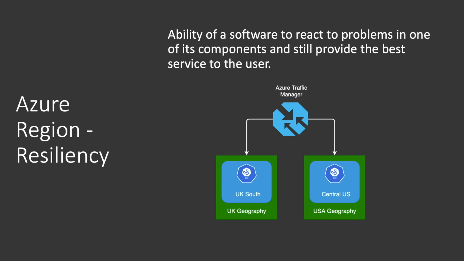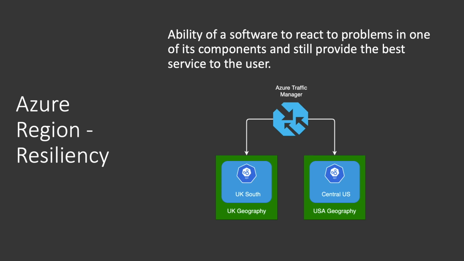This region can be in a completely different geography. For example, if our application is in the UK, we can deploy it in the US, the EU, South Africa, Australia, Asia, anywhere we want, as long as it's not in the same geography as the first one.